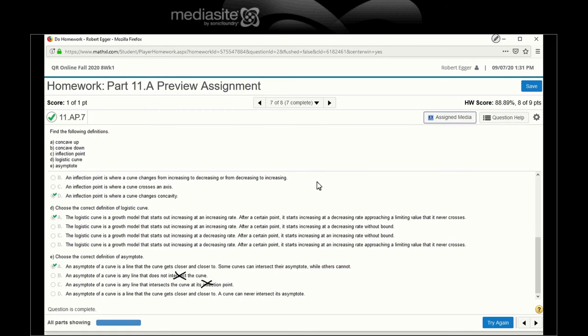The only thing I think of for this one, so here's your asymptote, and depending on how it works, sometimes the logistic curve does something like that.